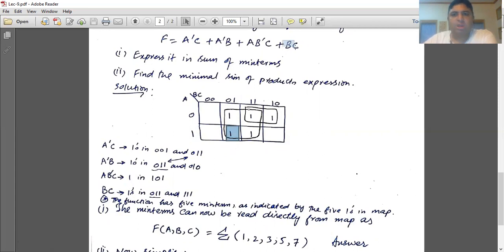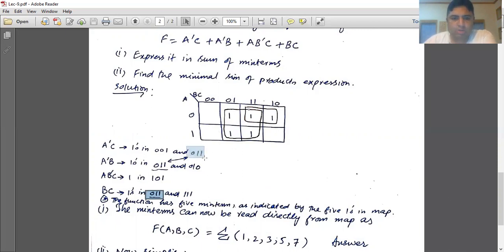Last term is bc. BC means B is equal to 1, C is equal to 1. But A is missing. A can be 0 or A can be 1. So you put 1s in both of them, 0 1 1 and 1 1 1, or triple 1. 0 1 1 is already 1 from the last two terms, so you don't have to put a 1 again. I have underlined it. Underline means it is repeating.